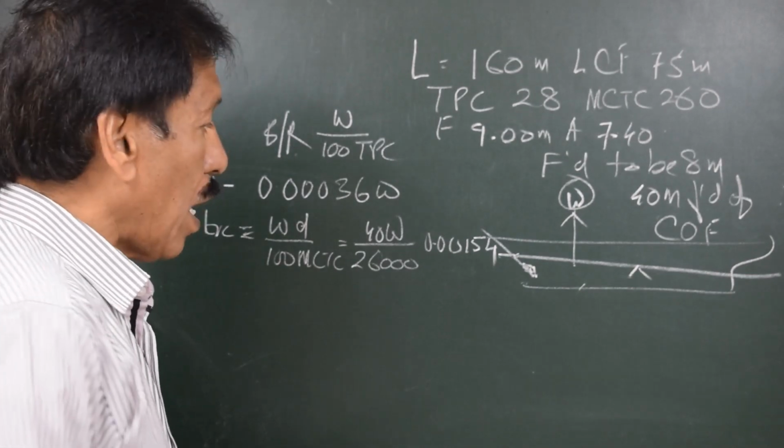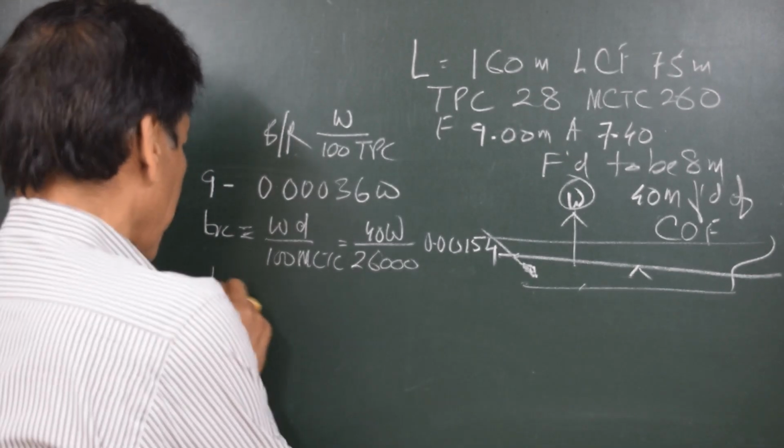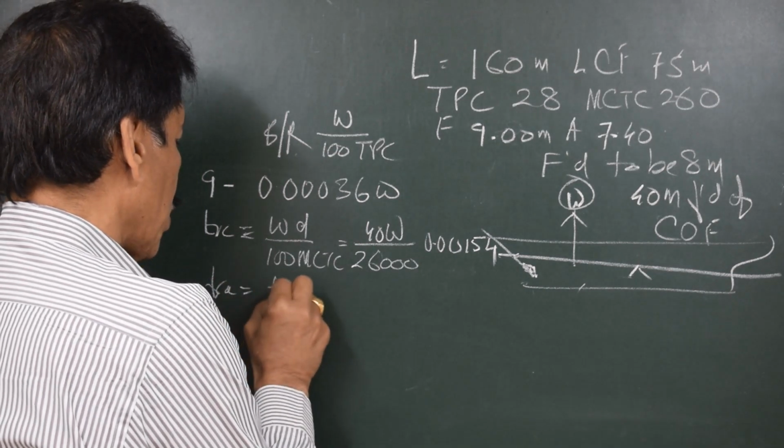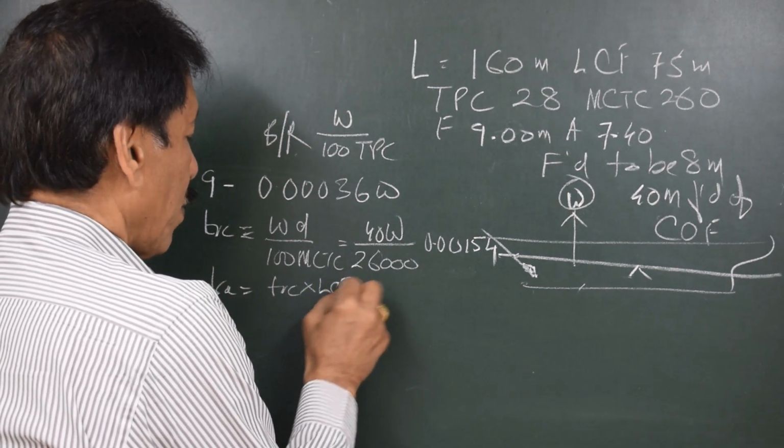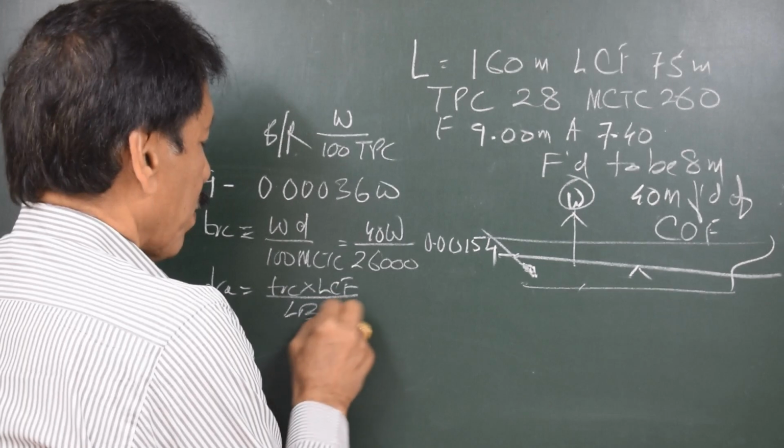This is the trim change, and the change of draft aft because of trim change will be given by this formula. TRA is equal to TRC into LCF upon LBP.